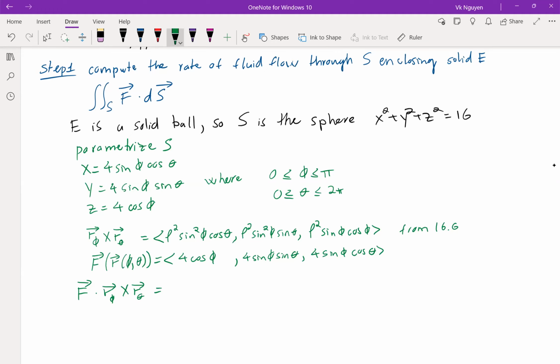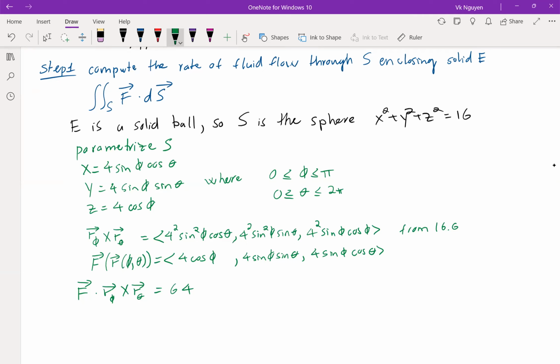So what do we have here? Actually, for the rho squared here, I'm just gonna replace it by 4 squared, 4 squared, 4 squared. 16 times 4 is 64.